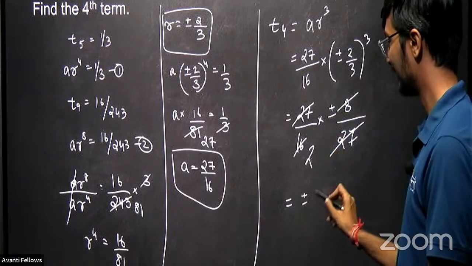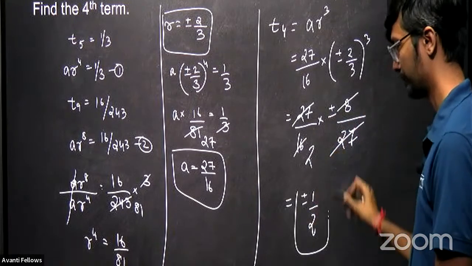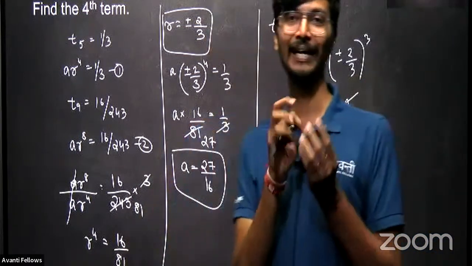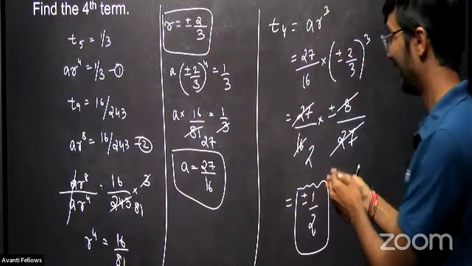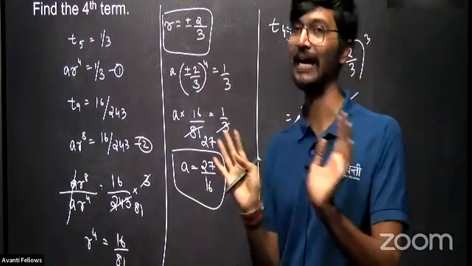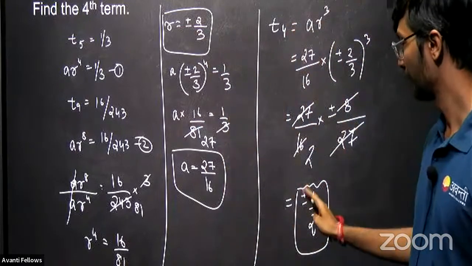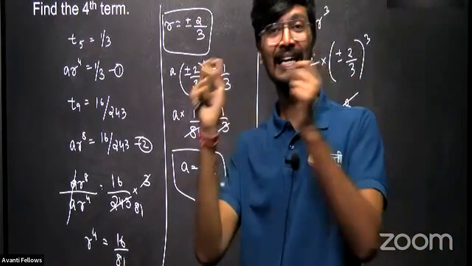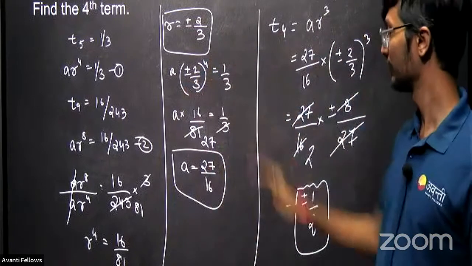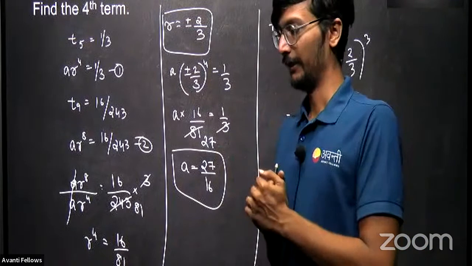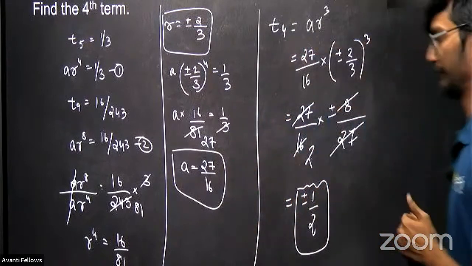That means my answer is plus minus half. Correct. So the fourth term can be plus half or minus half depending upon what we select as R. If R is positive, then the fourth term is plus half. If R is negative, then the fourth term is minus half. Correct? Clear? Chalo, let's see the next.